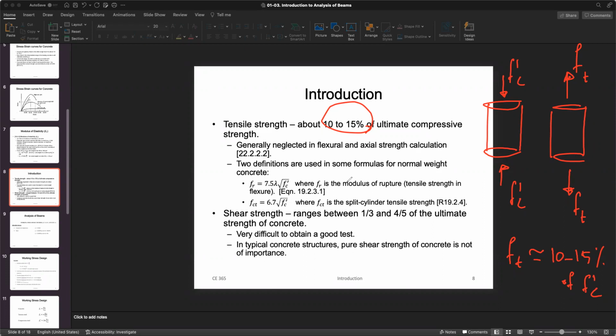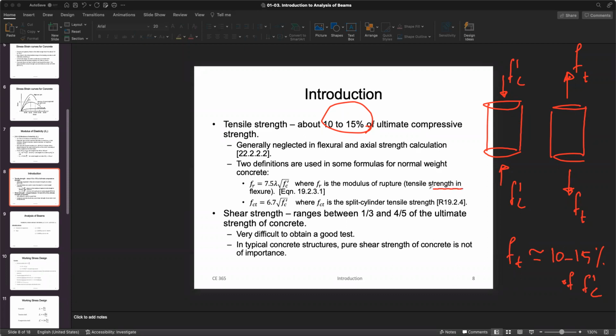Two definitions are used in some formulas for normal weight concrete. All right. So there is an estimation to find the tensile strength of concrete, coming from the code, the reference given: fr equals 7.5 lambda times the square root of f prime c, where fr is the modulus of rupture, which is giving you the tensile strength in flexure.